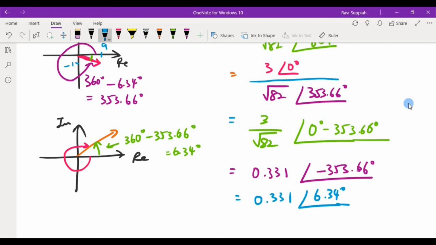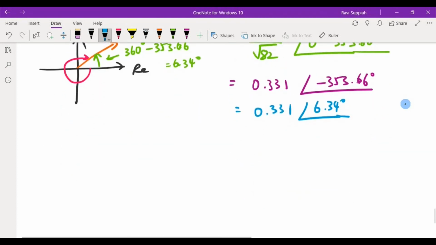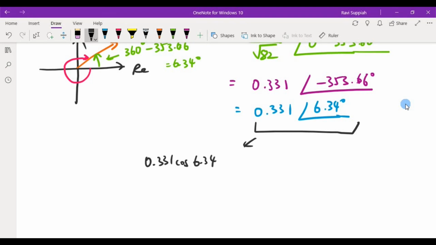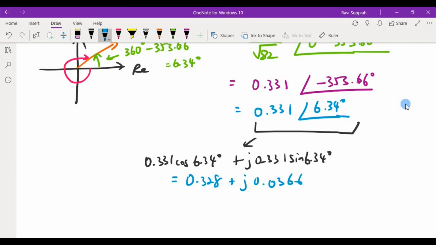Of course you can convert this to its rectangular form as well. If you do that, what you will get is 0.331 cosine 6.34 degrees plus j 0.331 sine 6.34 degrees, and that would give you 0.328 plus j 0.0366.